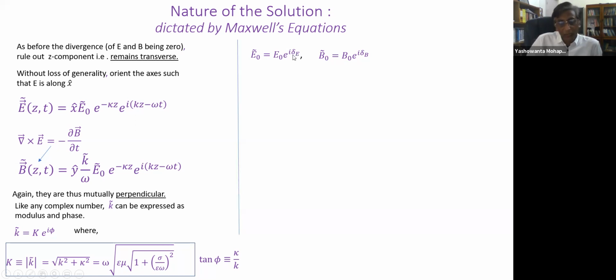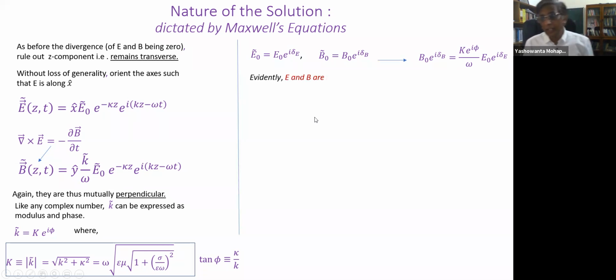So it could be a phase constant associated with E and a phase constant associated with B. So that will give rise to B naught e to the power i delta B, which is K tilde e to the power i phi over omega times E naught e to the power i delta E. I get it from here. All right. So which means phi can now be related to delta E and delta B, the phase constants associated with E and B.